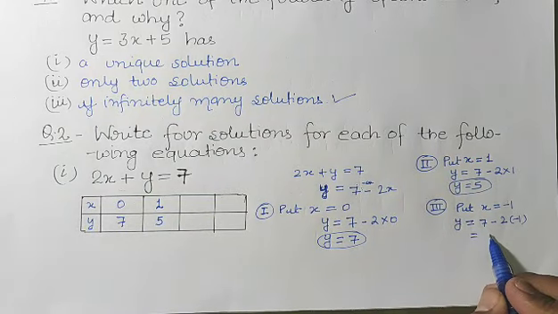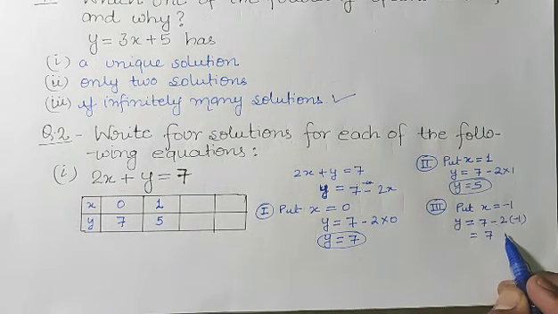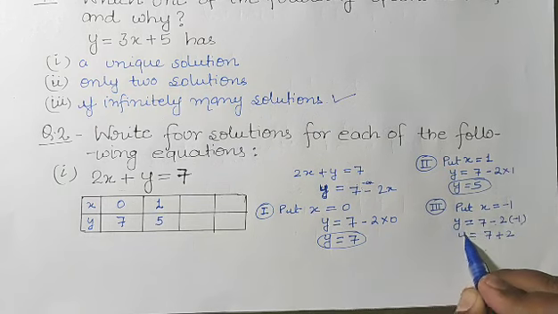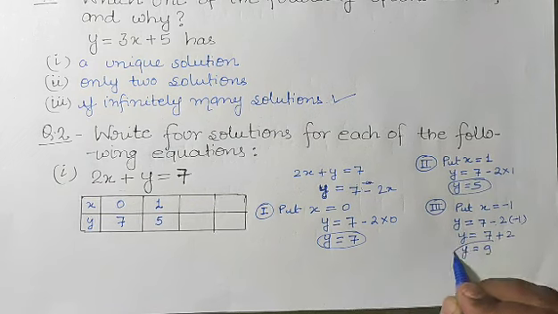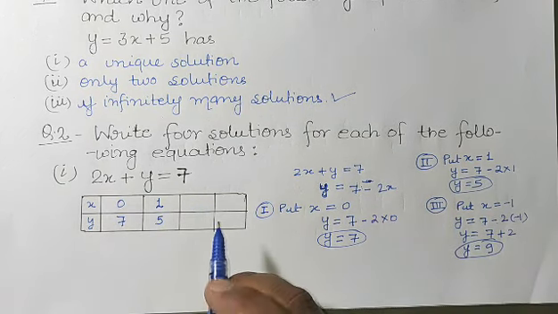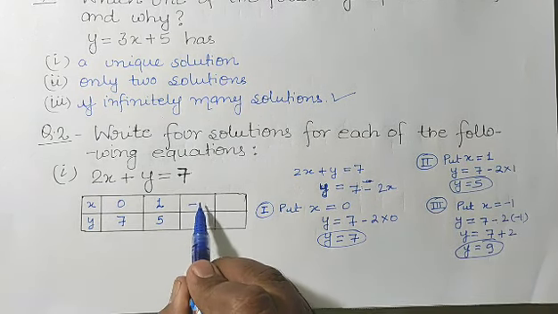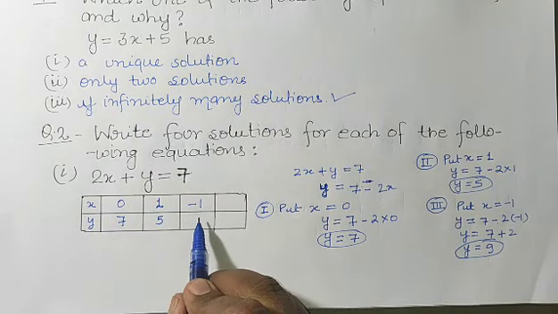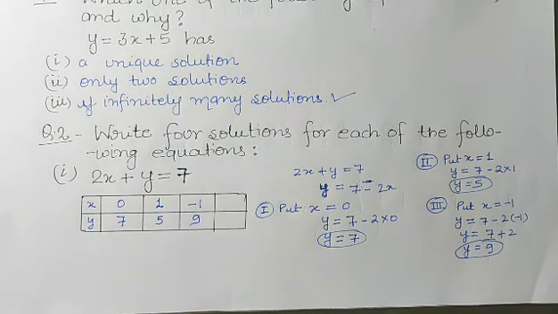Here 2 into minus 1 will be plus 2. So y is equal to 7 plus 2, which is 9. So if you put x is equal to minus 1, you will get the value of y as 9.